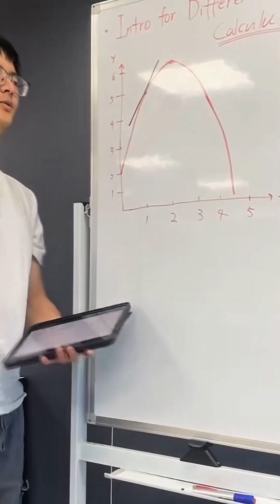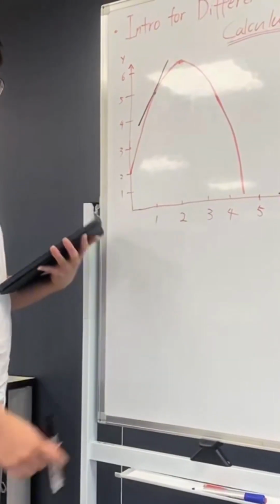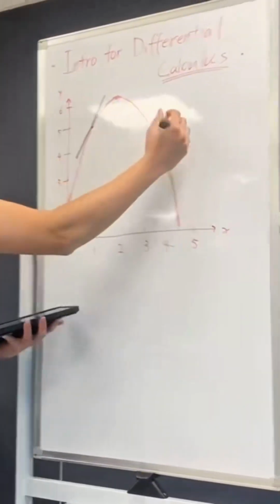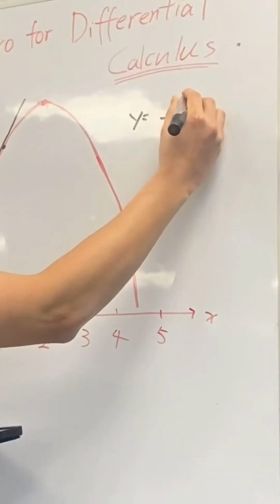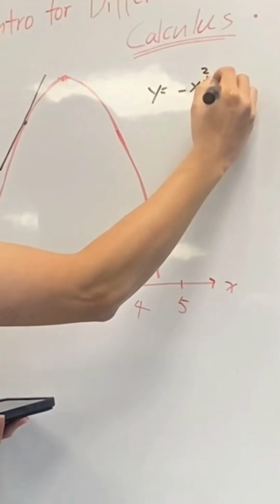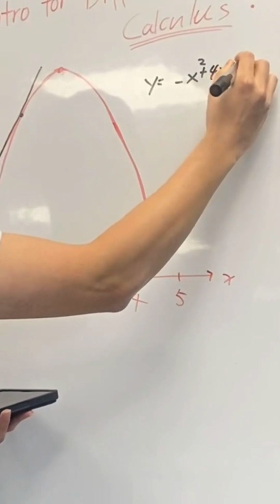As for the equation of this curve, it is y equals negative x squared plus 4x plus 2.